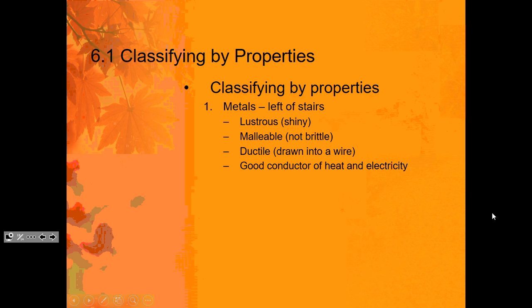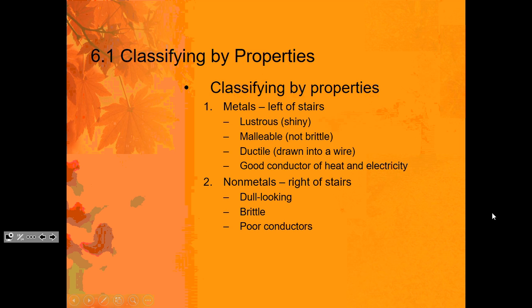There are a whole bunch of substances that basically lose electrons to become stable. They're all shiny. They're malleable, which means if you hit them with a hammer, they don't shatter, they just flatten out. They're ductile, which means you can draw or pull them into a wire. And they're very good conductors of heat and electricity. Collectively, all of those things to the left of the stair step are metals, and metals all share these common properties.